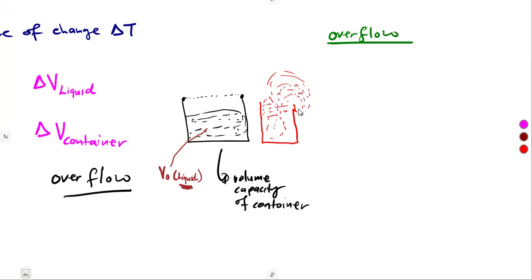It's overflowing, meaning to say there is a change that happened in terms of the volume of the liquid. There is an increment which happened.